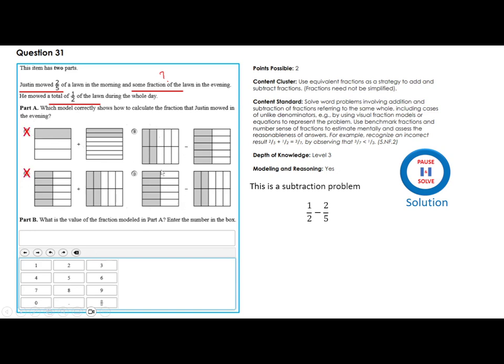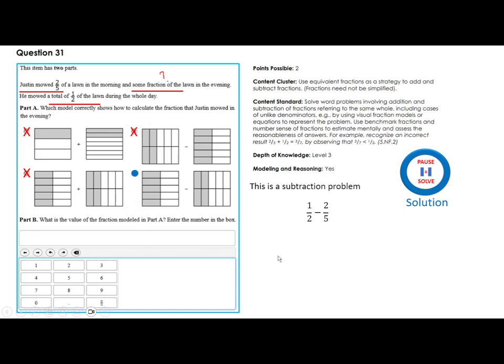So you have the options between these two. This one here is 2/5 minus 1/2. So that's not it. We need 1/2 minus 2/5. So this one is incorrect. So this is the correct answer. That's 1/2 minus 2/5.